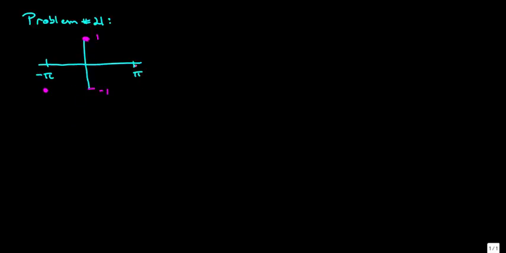And at pi, the cosine value will be back at negative 1. At negative pi over 2 and positive pi over 2, we're going to be at a value of 0.